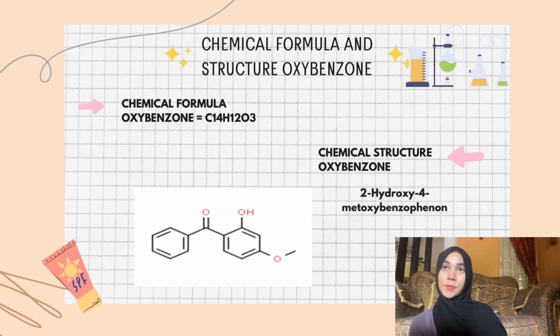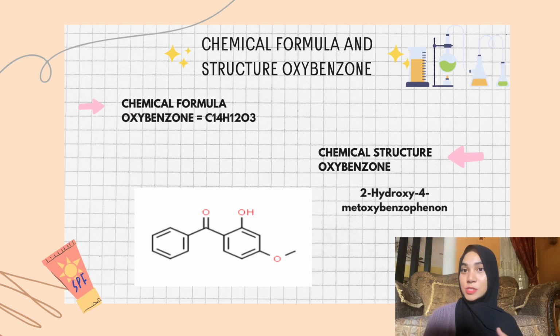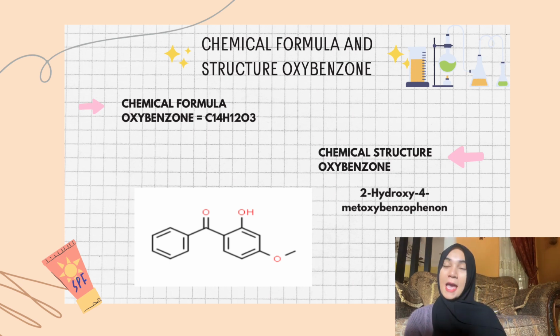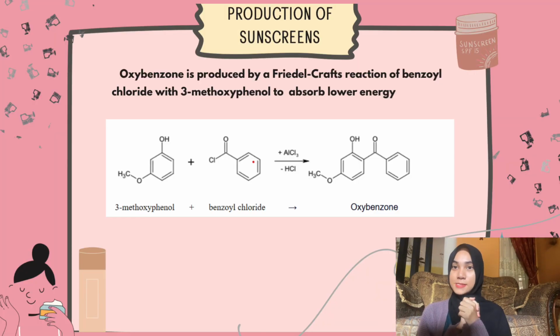Next, for the chemical formula, oxybenzone has 14 carbons, 12 hydrogens, and 3 oxygens. As you can see in this picture, the structure of oxybenzone is shown, and we can call it 2-hydroxy-4-methoxybenzophenone.